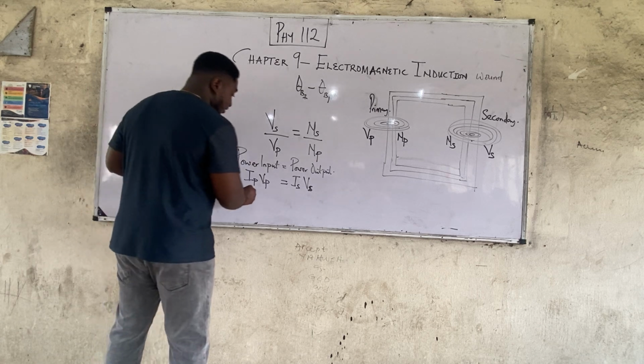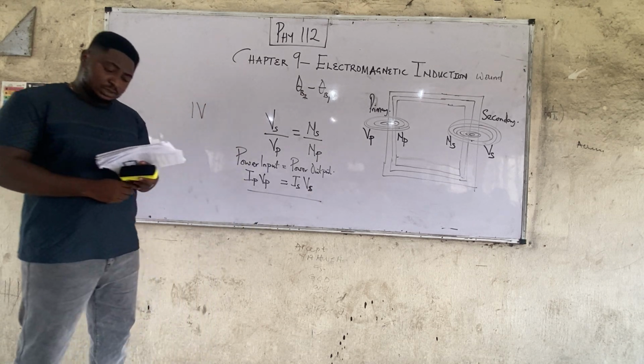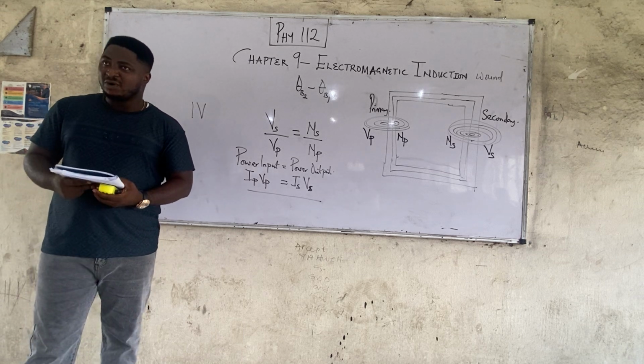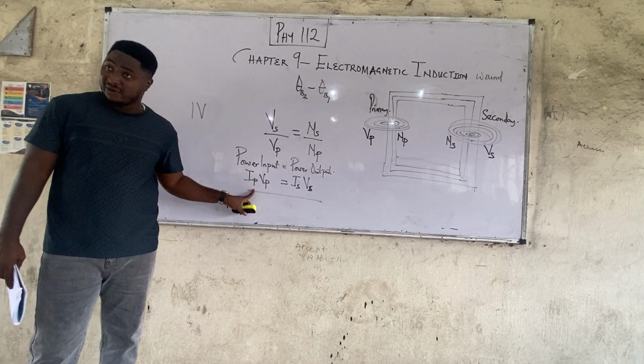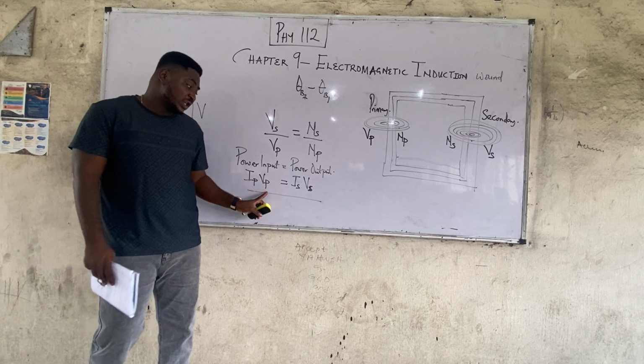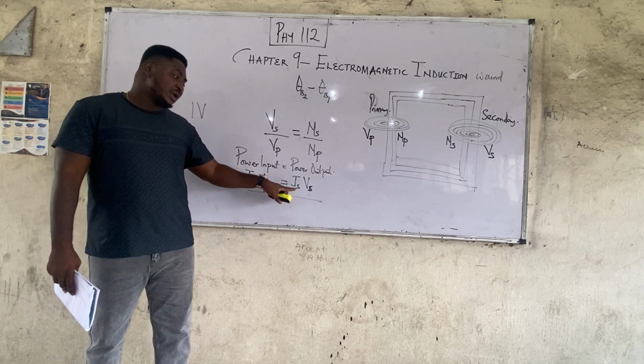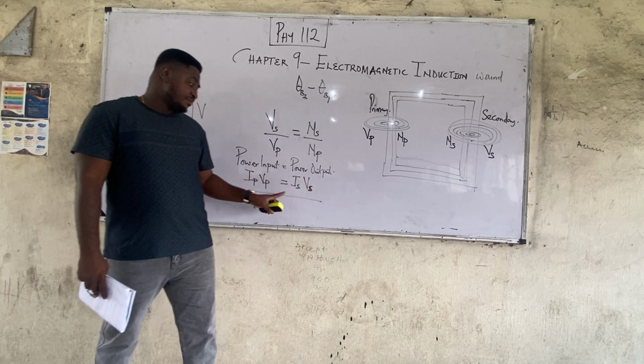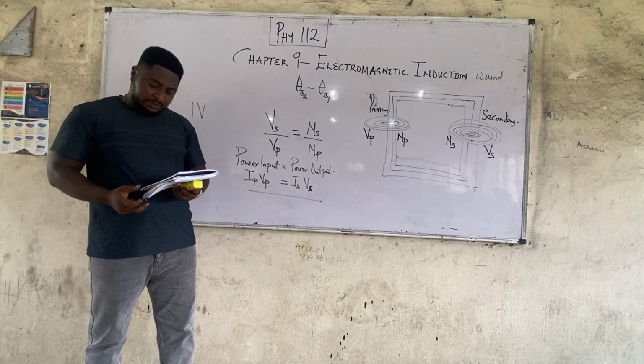Another formula you should know about the transformer. If you are asked to find the power input, you need the current in the primary coil multiplied by the voltage in the primary. Do not use the current in the secondary to get power input. Secondary is output, primary is input. Please don't make that mistake.